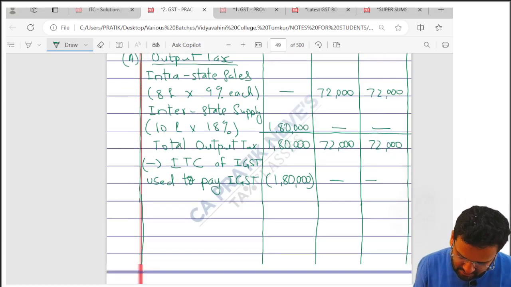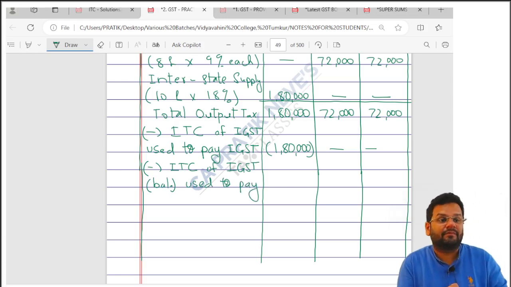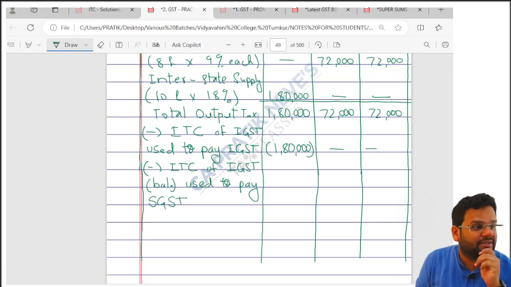Okay, friends, now less: ITC of IGST in balance used to pay SGST.